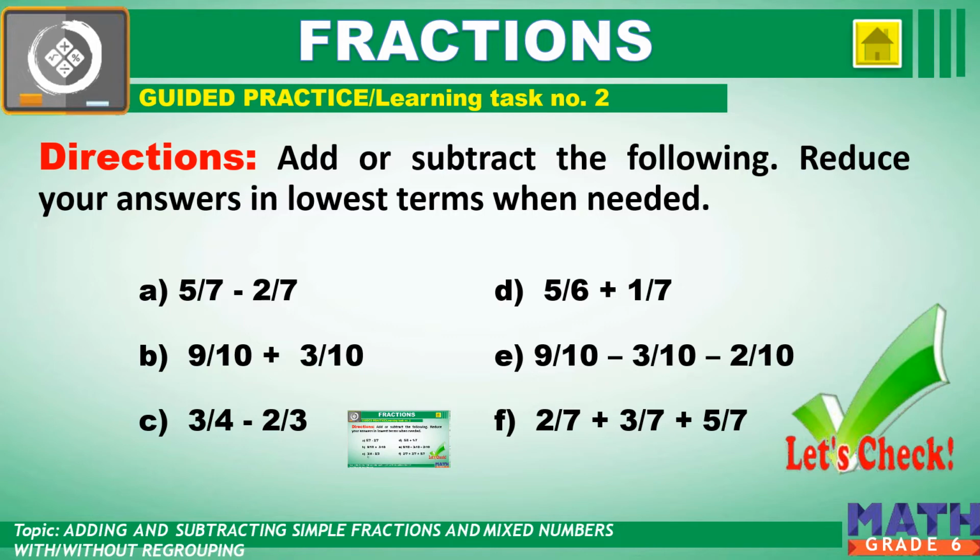And for letter C, 3/4 minus 2/3. For letter D, 5/6 plus 1/7. And for letter E, 9/10 minus 3/10 minus 2/10. And for letter F, 2/7 plus 3/7 plus 5/7.